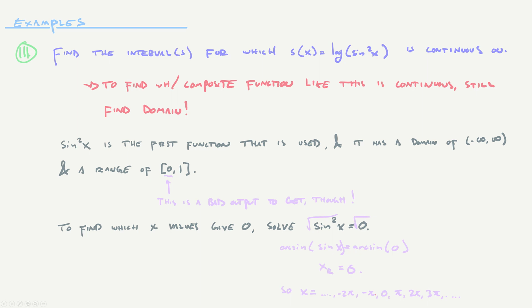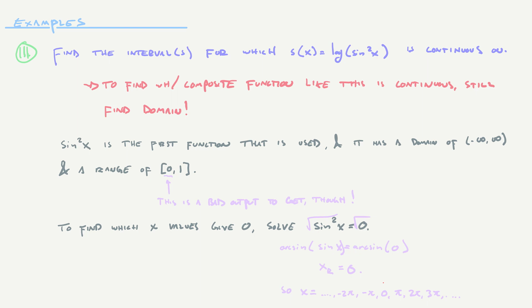For example, you can't plug in negative 15 pi to this thing because that would make sine x 0. You square 0, you still get 0, and then you're plugging 0 into a logarithm, which is not good. You can't do that. So any integer amount of pi is off limits for the domain of this thing.